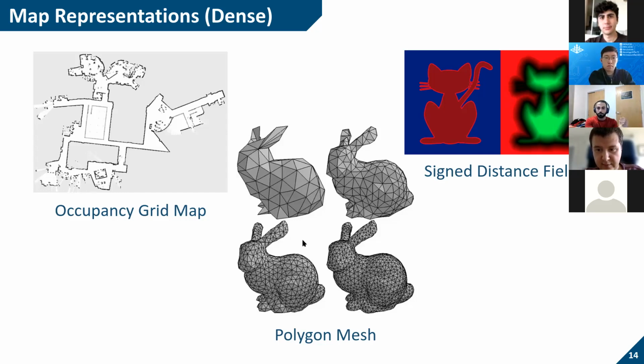Also, as you may be familiar with, we have polygon meshes, where you can use some kind of triangular or hexagonal or whatever kind of net or mesh of polygons to represent a 3D object. And you can always adjust the resolution as well.